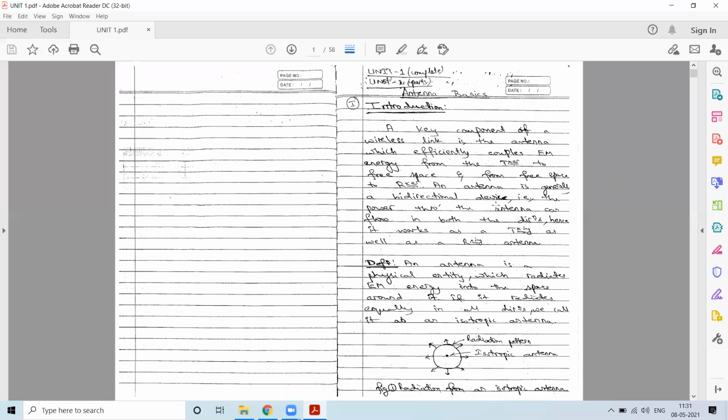So this is the general definition of the antenna. In general, that is what is meant by antenna.